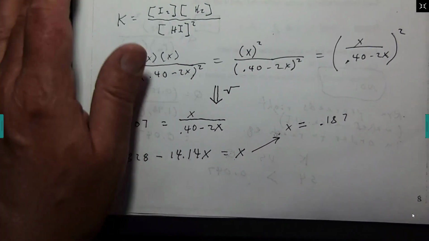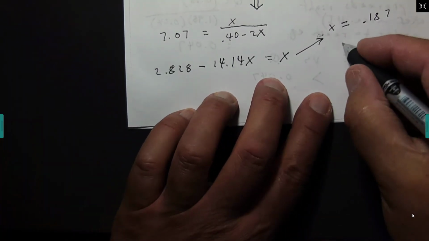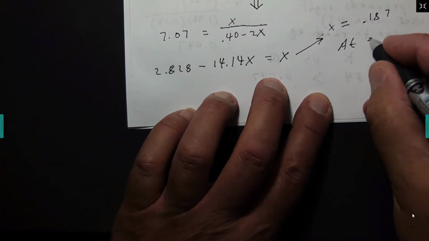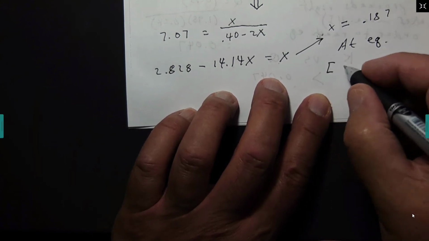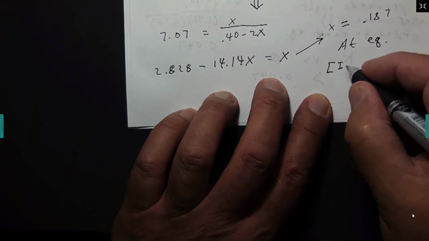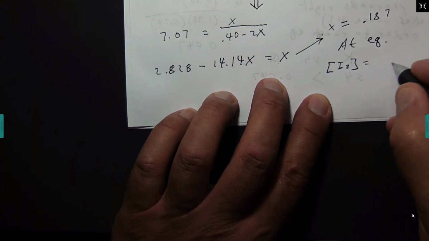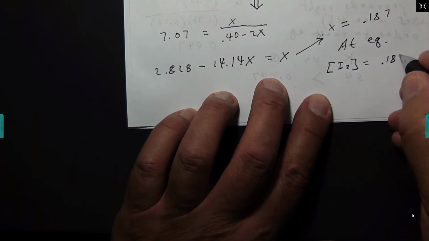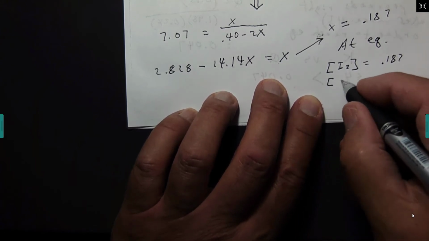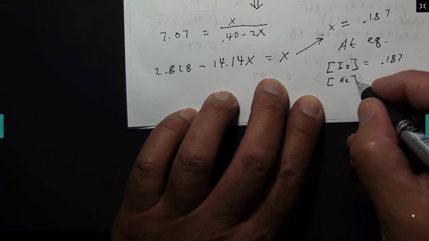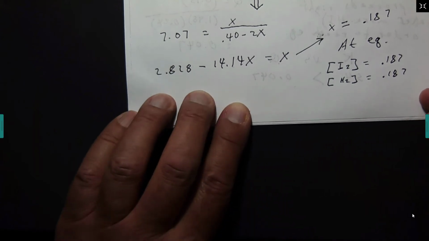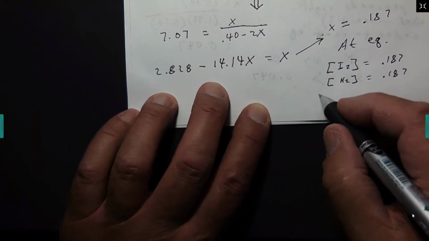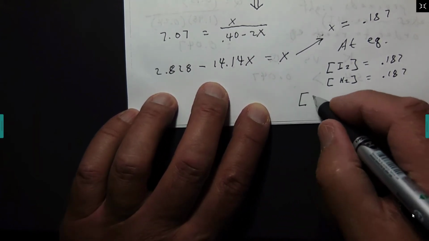So at equilibrium, they're not partial pressures, I'm sorry, they're molarities. Iodine concentration is 0.187. The hydrogen concentration, 0.187.